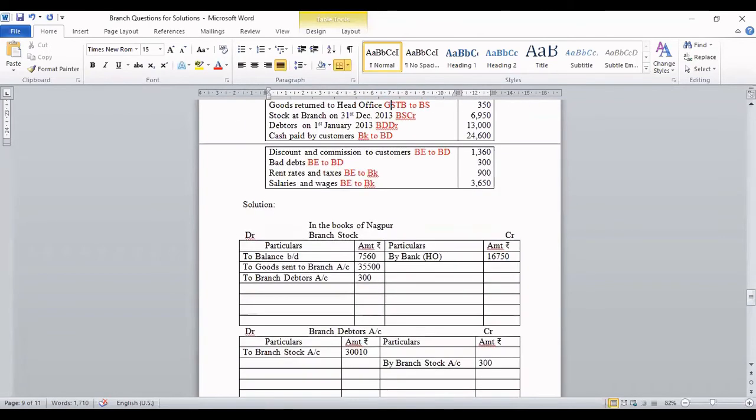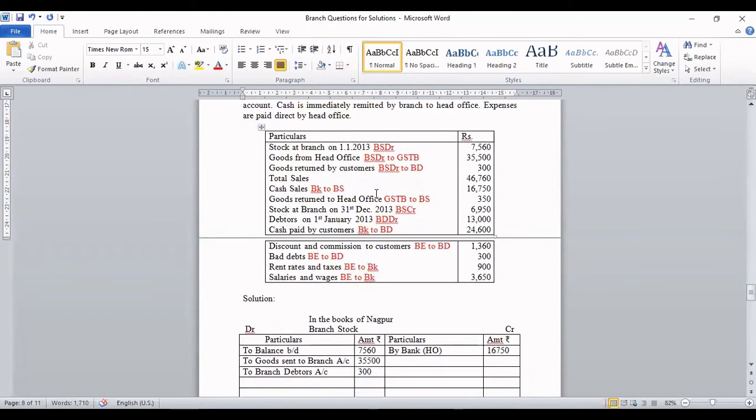See beta, just go back and see here. We have cash sales 16,750. Yes, sir. Total sales 46,750. So just find the difference to find out credit sales. Okay. Should I show it with the help of a working note or is it clear? Clear, sir. Okay, fine.